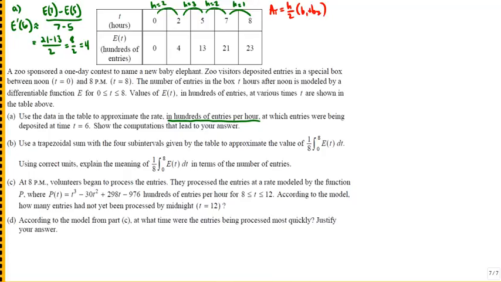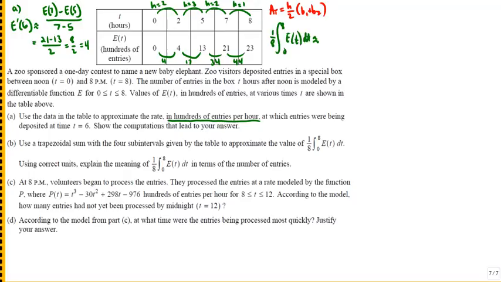And let's see, the sum of the bases for the first subinterval will be 4, for the second subinterval will be 17, for the third subinterval will be 34, and for the fourth subinterval will be 44.